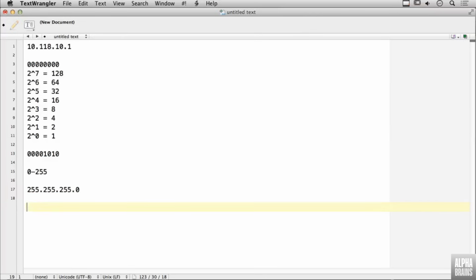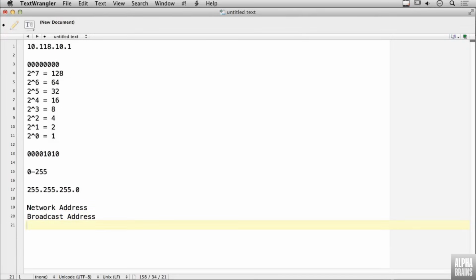Now, not to confuse things any further, but there's actually two other pieces of an IP address that you should know about. When we're talking about a range of addresses, you actually have a network address, and that's the address of the network itself, and then we have a broadcast address. So what do we use a broadcast address for?